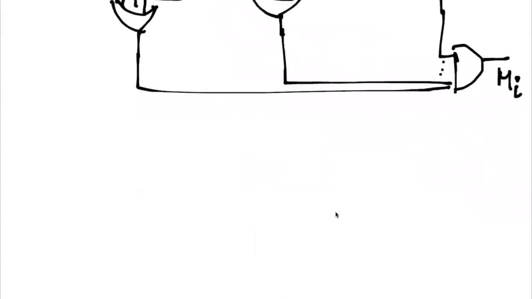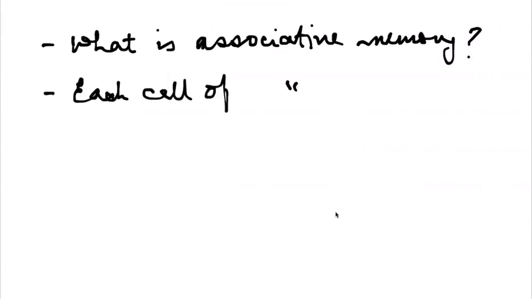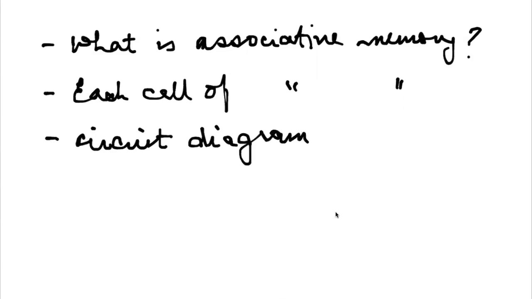In all three parts, what we have seen is what associative memory is and how it works. Then we looked at each cell of associative memory, then the circuit diagram for each cell.